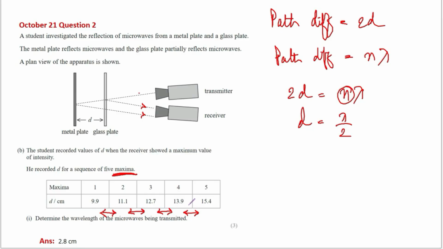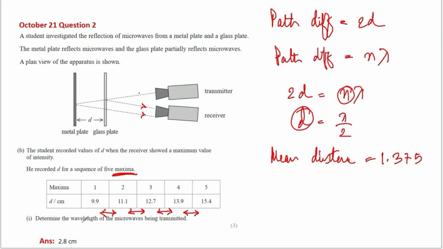You have 4 values, and you find out the mean distance. So the mean of all the differences is 1.375. So this d is 1.375.